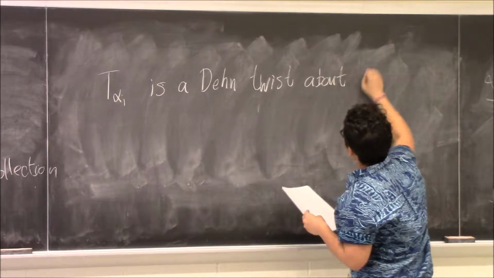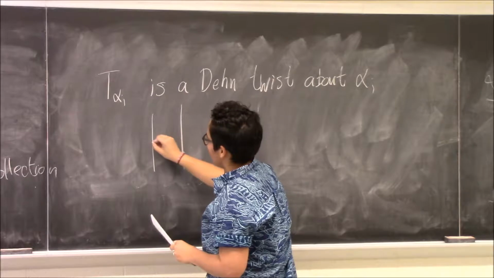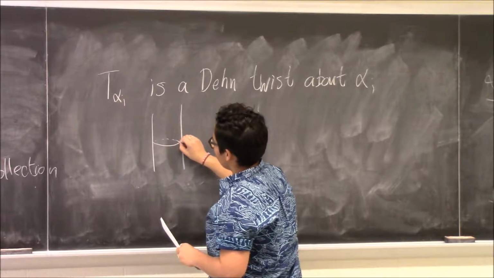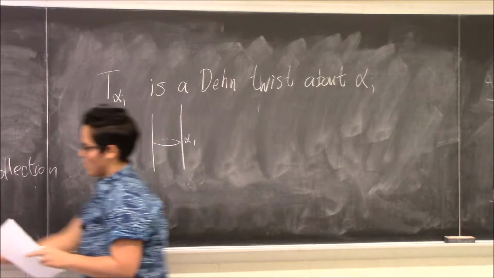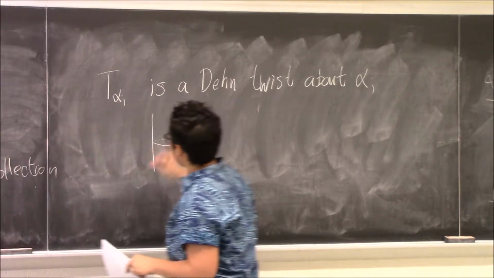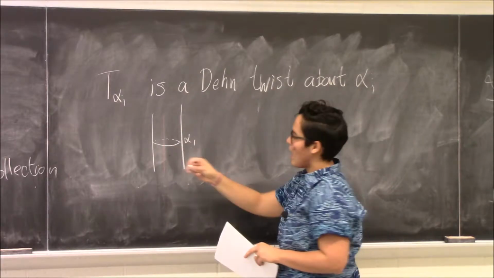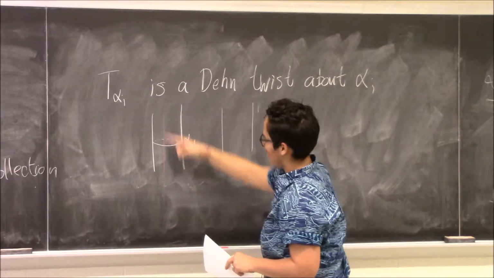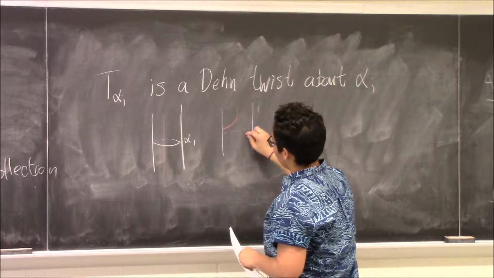about alpha i, where what I mean by this Dehn twist is if we look at alpha i as being some simple closed curve in this annular region, and we look at some other curve that crosses through it, then Dehn twisting about alpha i will send this pink curve kind of around like this.